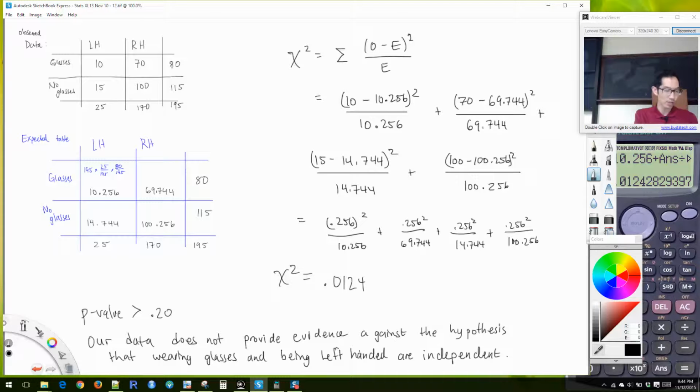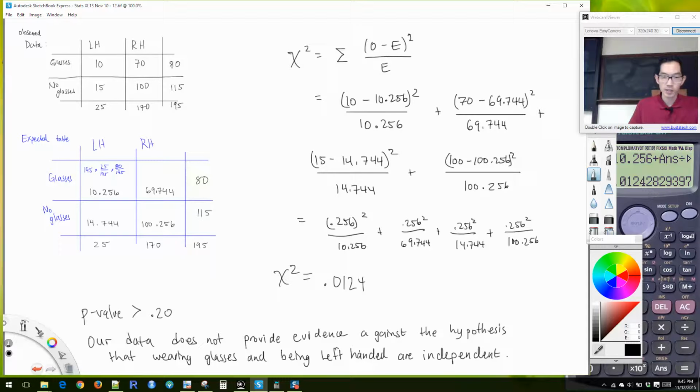Our data does not provide evidence against the null hypothesis. Because at least the way things are set up, we just assume the null is true, and we can never prove that the null is true. The only way we could prove that it's true is if we were to survey the entire population and truly find no link between these two things.